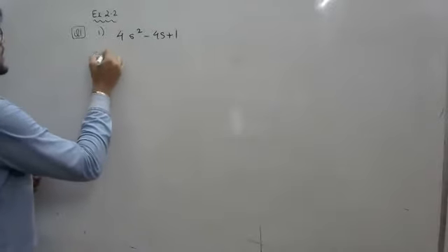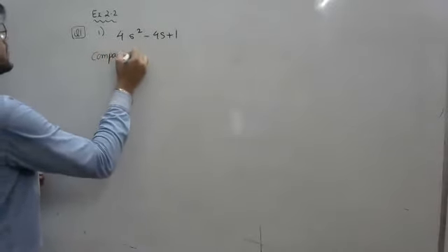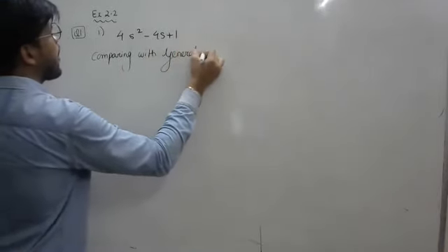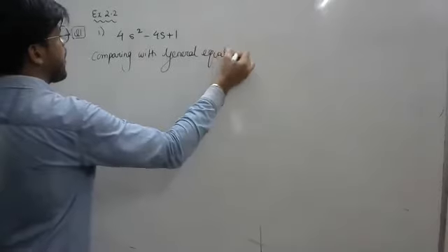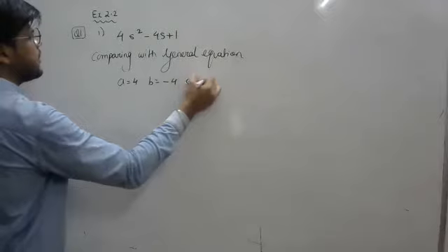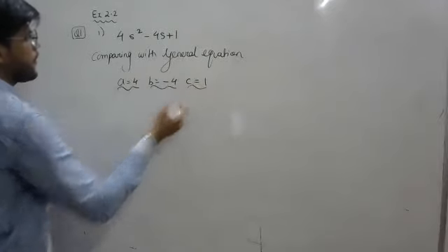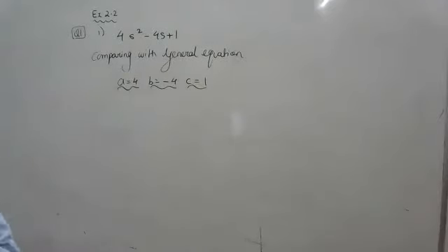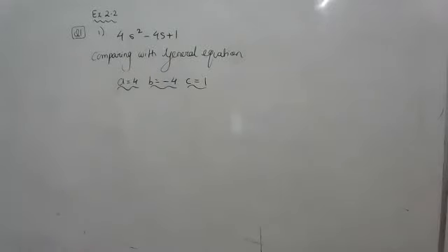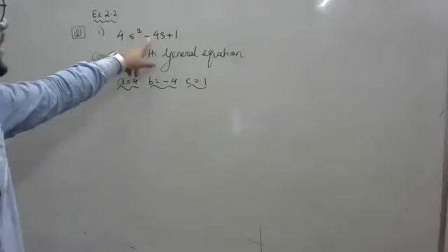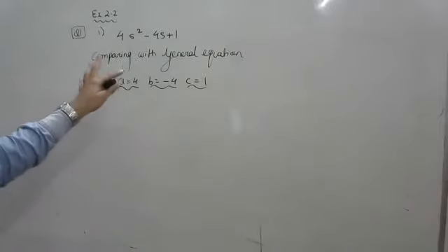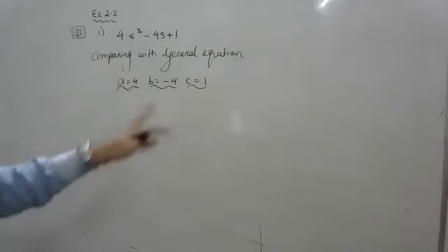Now comparing with the general equation, the value of A is 4, B will be minus 4 and C will be 1. Coefficient of the first term, coefficient of the second term, and last will be the constant term. Don't make one mistake. Don't forget the negative sign. Wherever you have a minus sign, consider it along with the number.